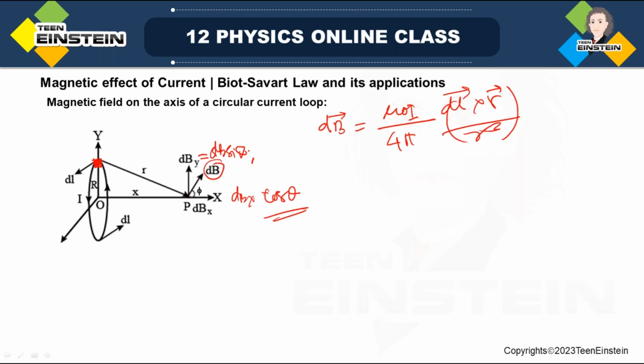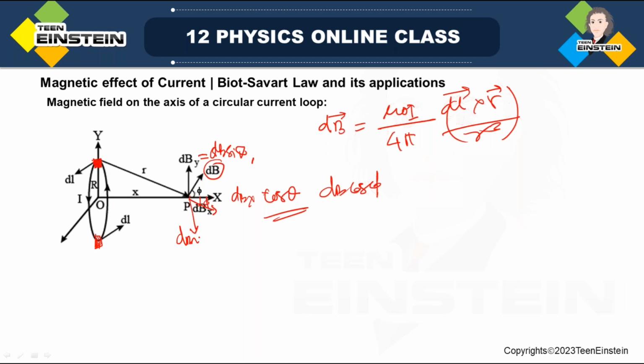consider this particular element. Then the magnetic field, we have seen, will actually be along the axis. How do we get that this will be only along the axis? Because see, if I consider another diametrically opposite element, the magnetic field will be along this direction. If this is phi, this will be dB cos phi along x. And the vertical parts will cancel each other.